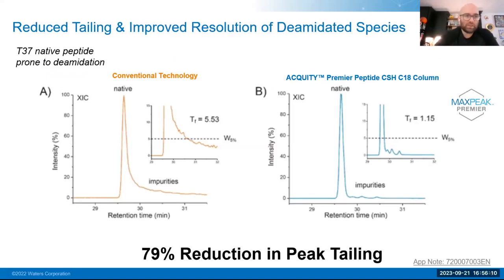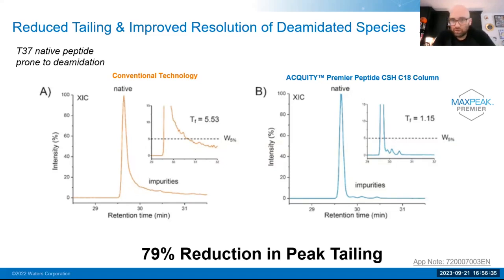When we look at how exactly this is going to help with your method development and determining things like biosimilarity, what you'll see is that with conventional stainless steel columns, specific peptides which may be prone to deamidation may not actually be visible. Unfortunately, the deamidation may get tied up within the tailing of that peak itself, and they may broaden out as well, and you're unable to see them.